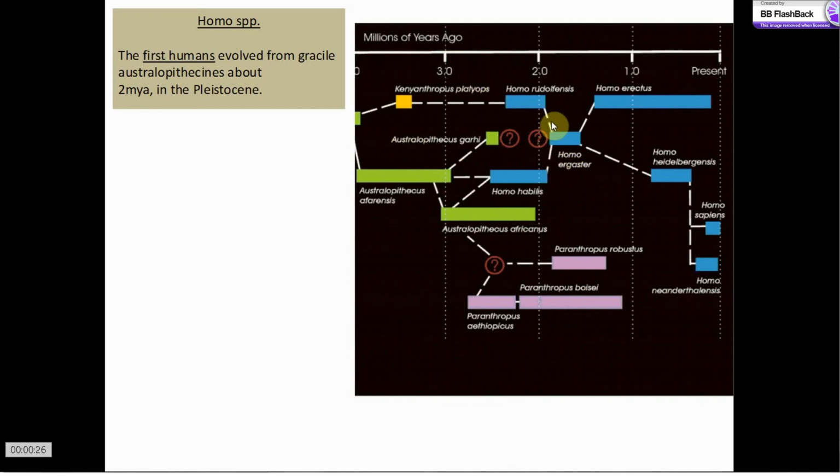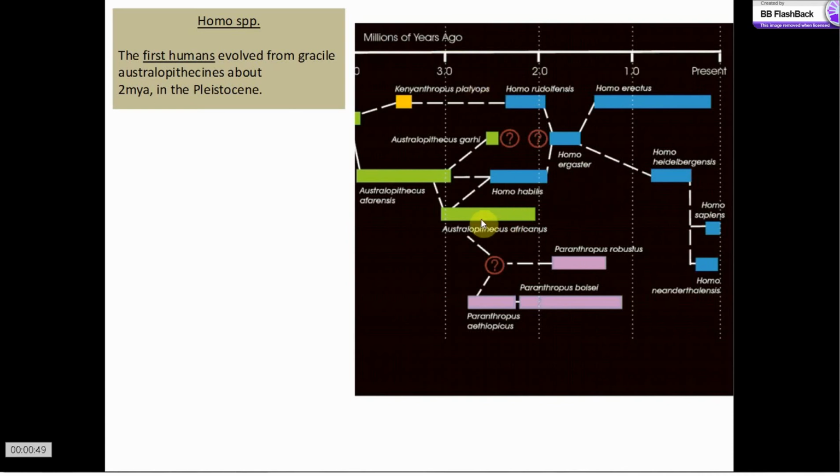These dotted dashy lines are proposed connections, right? It's not like Australopithecus africanus and Australopithecus afarensis joined forces to make Homo habilis. That's not necessarily the case. These are hypothetical connections. But at any rate, what you can see is that the first humans appeared about 2 million years ago.